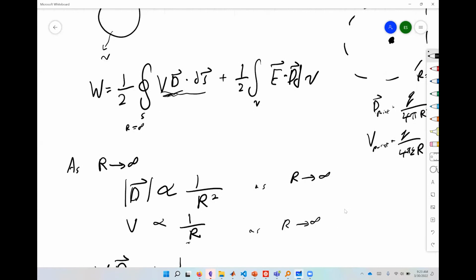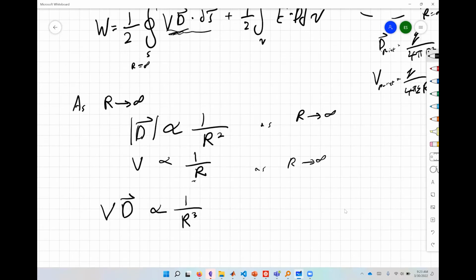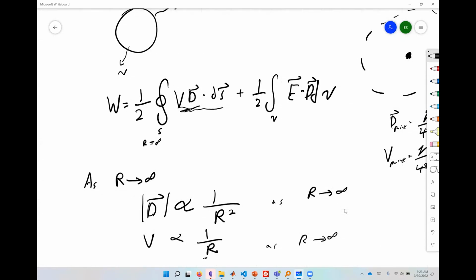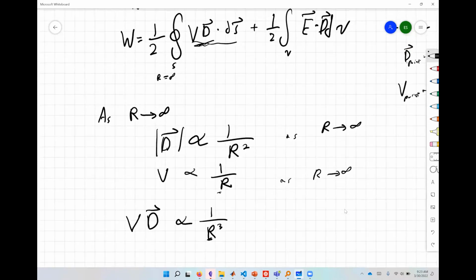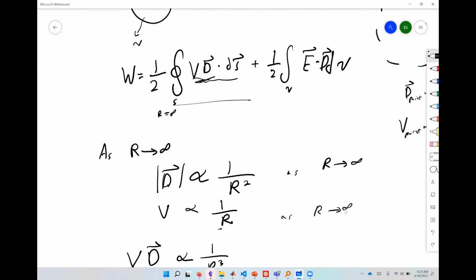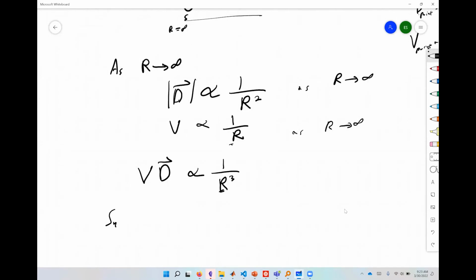So what's inside the integral, we can take out at infinity because it becomes constant. Everything becomes like a point charge. So the integrand is proportional to 1 over R cubed, but then you have to multiply by the surface area at infinity. The surface area for a sphere is 4 pi R squared, so area is proportional to R squared.